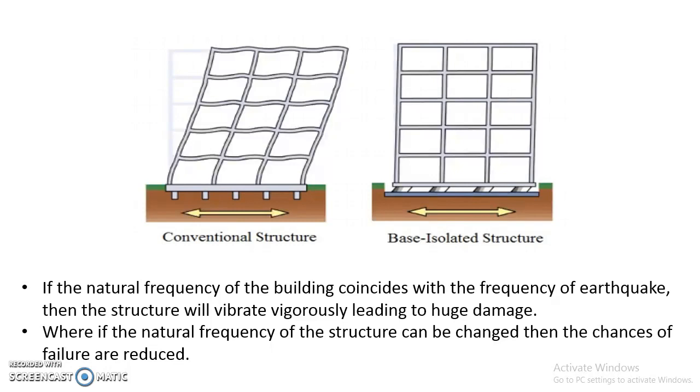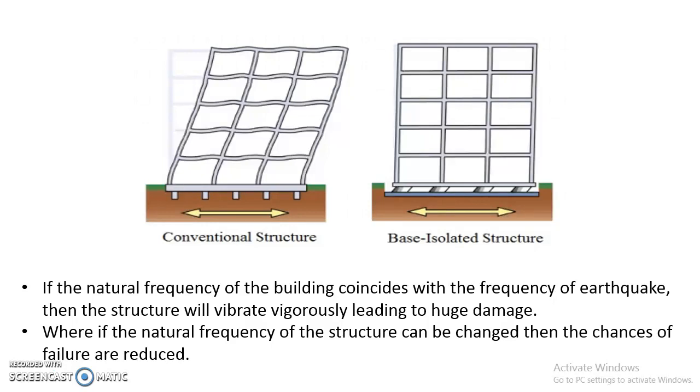If the natural frequency of the building coincides with the frequency of the earthquake, then the structure will vibrate vigorously, leading to huge damage. This can be elaborated by the diagram of the conventional structure, wherein there is a possibility that the natural frequency of the building and the frequency of the earthquake are the same, which will lead to heavy damage in the structure.